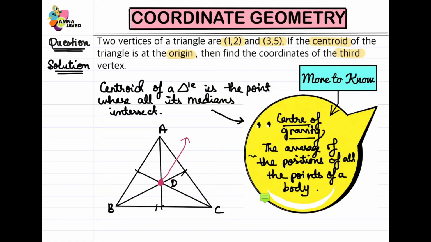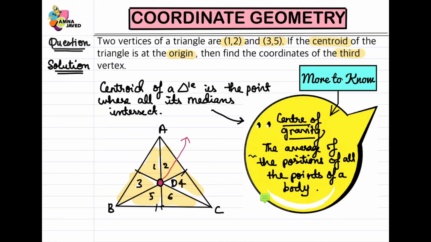So I've got these triangles which have been formed, 1, 2, 3, 4, 5, 6, and all of them are of equal area because a median divides it into two equal halves, and from that property we can derive this property. That's a property of the centroid also.